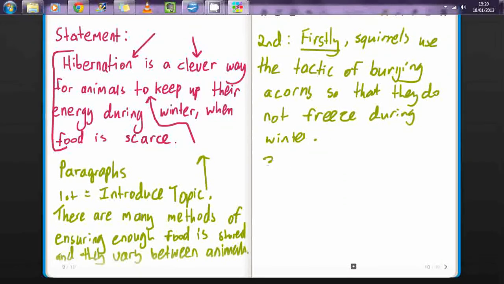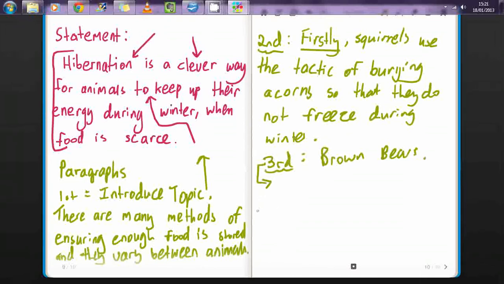Okay, then your third paragraph could be about a different animal, maybe brown bears. Now they have an impressive store of fat, so they don't actually have to eat as much. They get energy from that throughout the winter months more than they do from eating acorns or anything like that. Okay, so that would be another one to use.